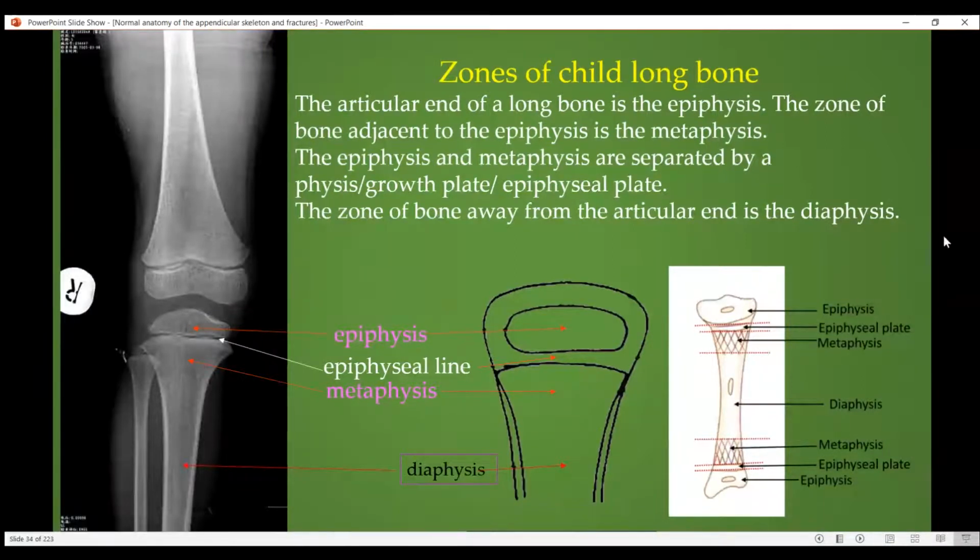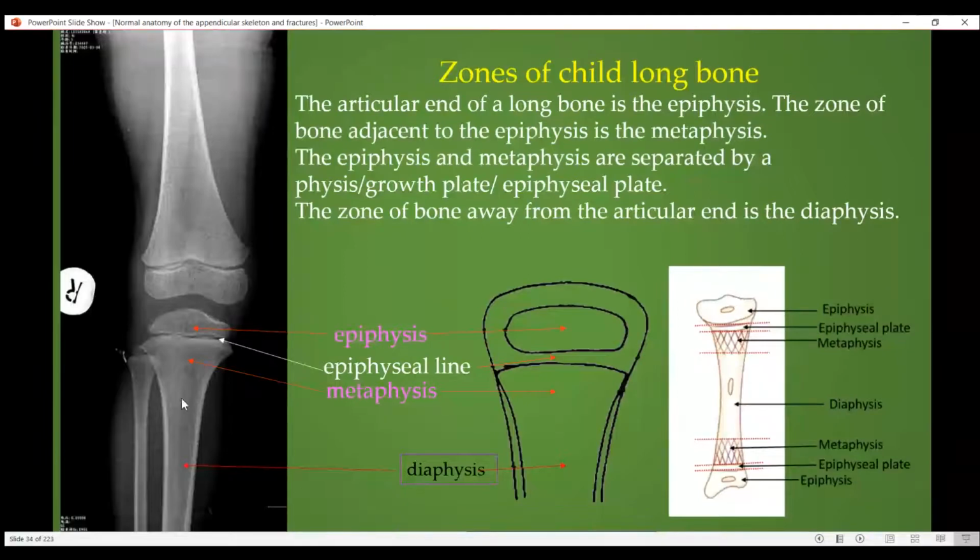In the proximal part of the bone, the epiphysis is proximal. In the distal part of the bone, the epiphysis is distal. So the epiphysis is the one that forms both the ends. Now you see here in this radiograph, you tell me, this is the epiphysis of the distal end of the femur, yes or no?